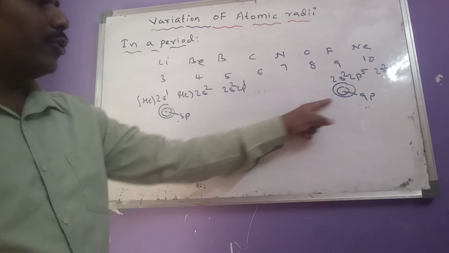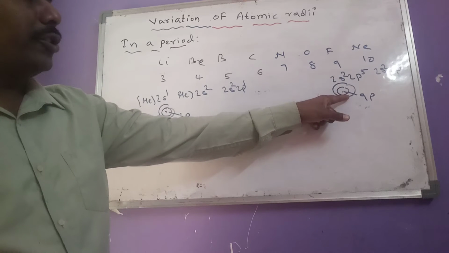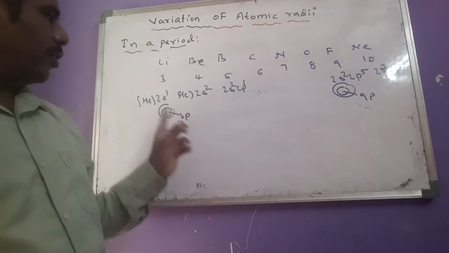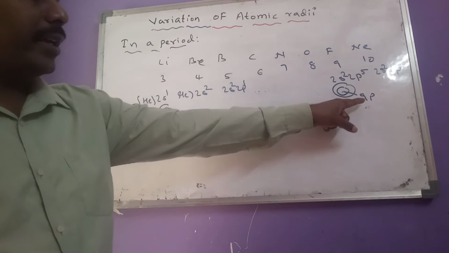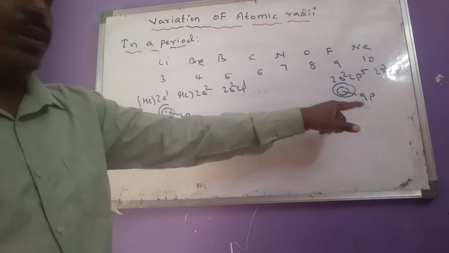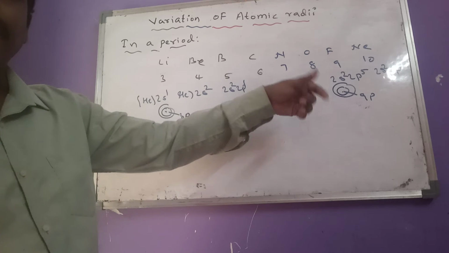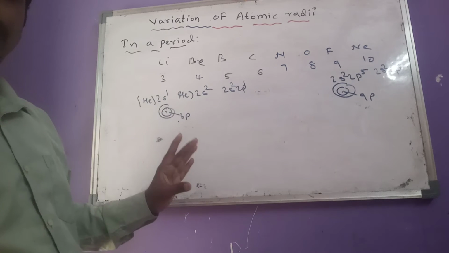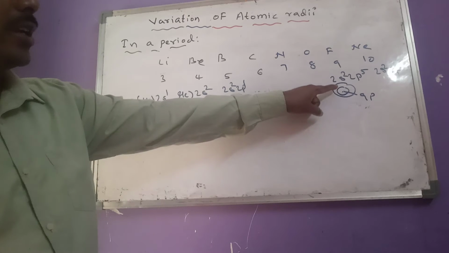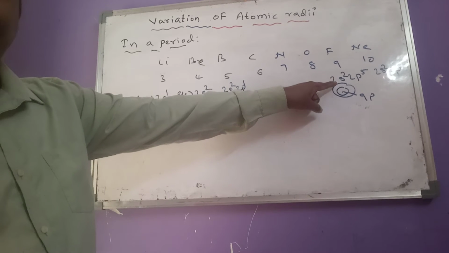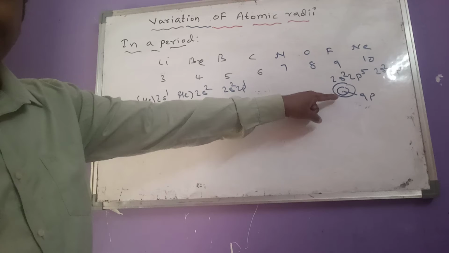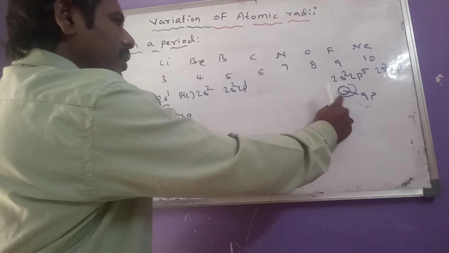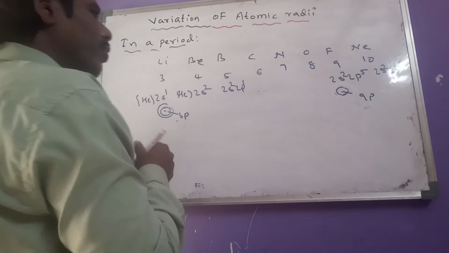As the number of protons increases, the nuclear attraction on the outer orbit increases. So here the distance is same, but here 9 protons are present. So fluorine has high nuclear charge comparatively with lithium. The attraction of the nucleus on the outer orbit is stronger in the case of fluorine, so the outer orbital electrons come closer to the nucleus.